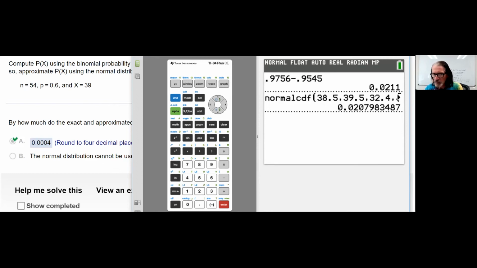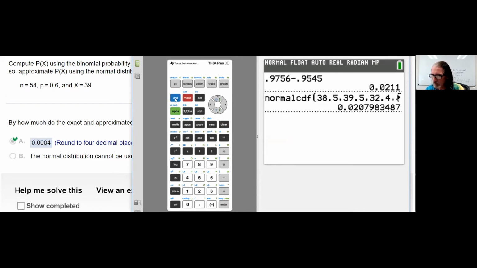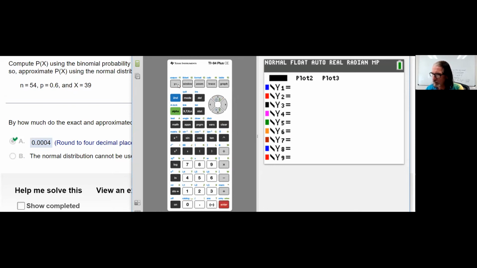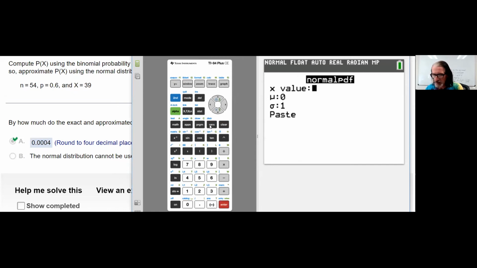Real quick, I'm going to show one more thing. If I go to graph y equals, and then into the distributions, now let's turn off that plot up above, by the way, for the time being. We go into the distributions, and for some reason pick normal CDF, sorry, normal PDF.